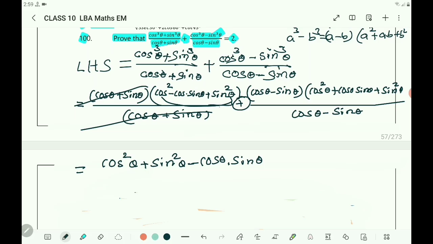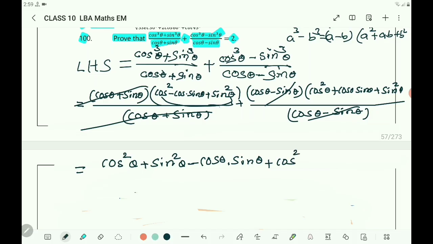Here you write plus, here you can cancel these two, cos theta minus sin theta and cos theta minus sin theta cancels. Here what is remaining, bring this cos square theta plus sin square theta together.